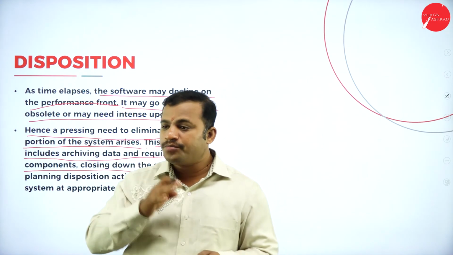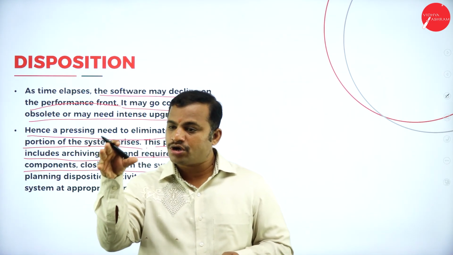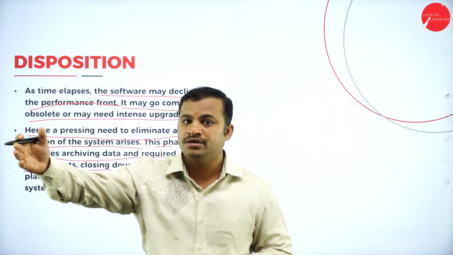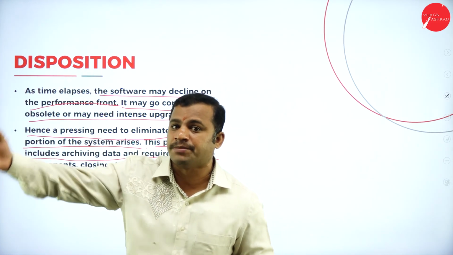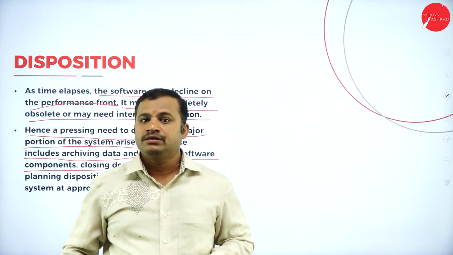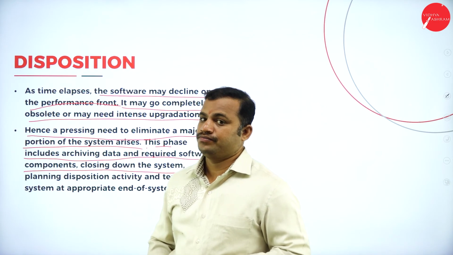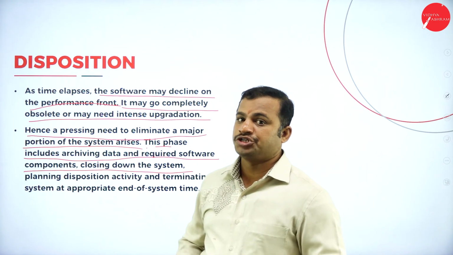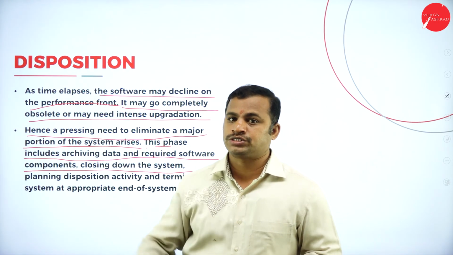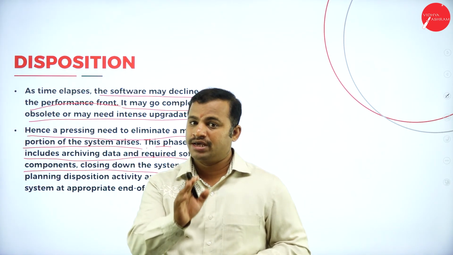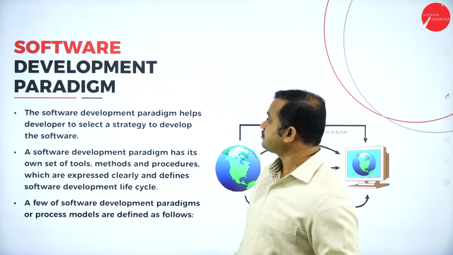Suppose there are 4 modules and one of the modules is obsolete, not working properly, then it has to be archived. That means it has to be kept separately. That is called archiving the data. This is called disposition. Dispose or keep separately. That is called disposition.